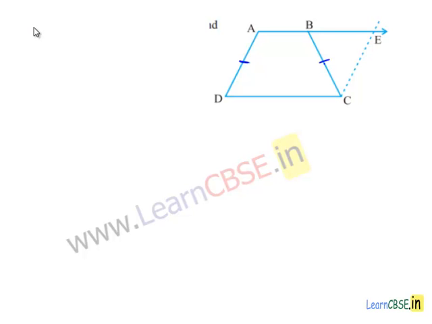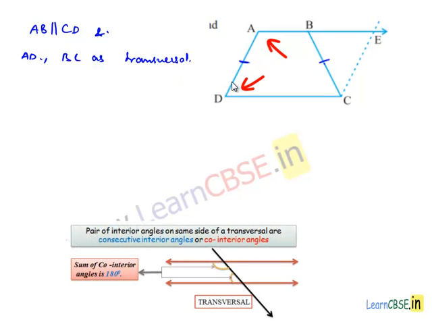Now, if we consider that AB is parallel to CD and AD, BC as transversals, then angle A and angle D lie on the same side of transversal. So we know that the sum of angles lying on the same side of transversal is equal to 180 degrees.